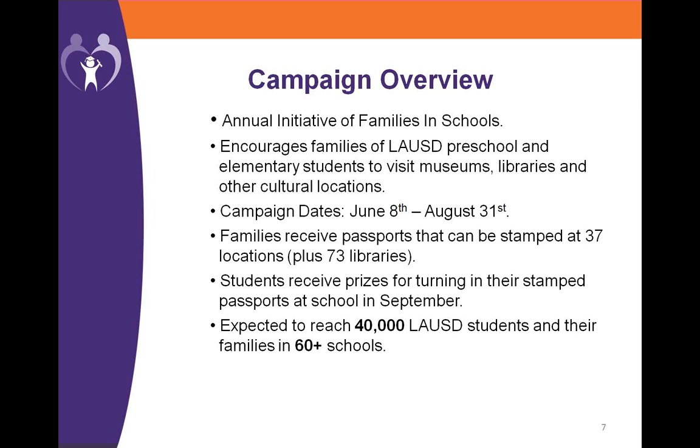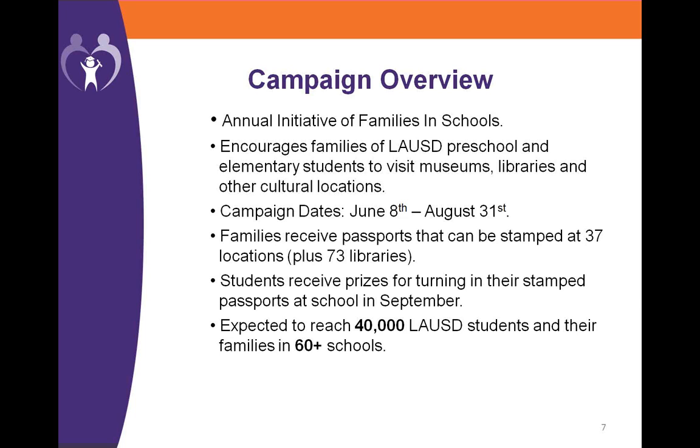Students will receive prizes for turning in their stamped passports at school in September. We're asking students and families to go to the various locations and get their passports stamped, and then in September, we're hoping they will turn in their passports to their schools, to let the schools know the different sites they went to and the number of times they went to different sites, and they'll be able to receive prizes. This year's campaign is expected to reach 40,000 LAUSD students and their families in over 60 schools.